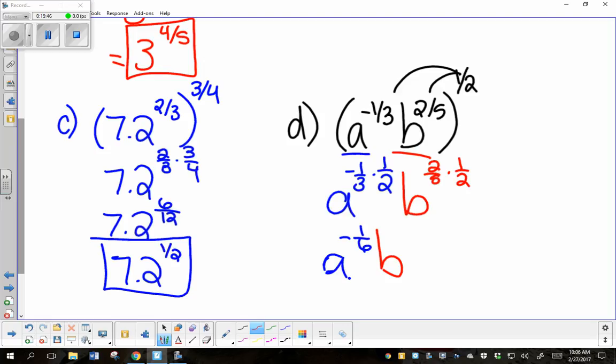We're taking a half of 2/5, which is 1/5. If you didn't know that, you could multiply them to get 2/10. That's why I was thinking 10. And then 2/10 is the same as 1/5. Okay.